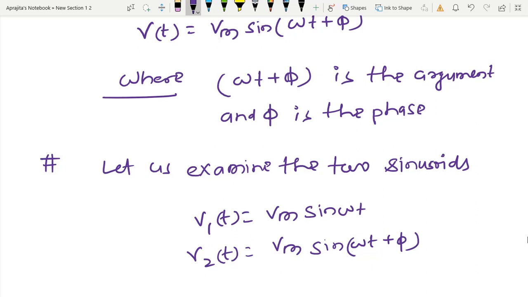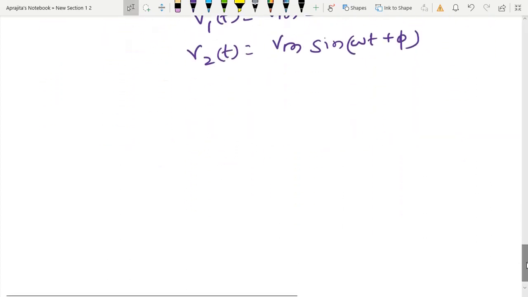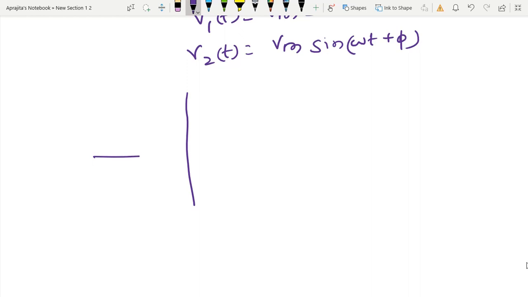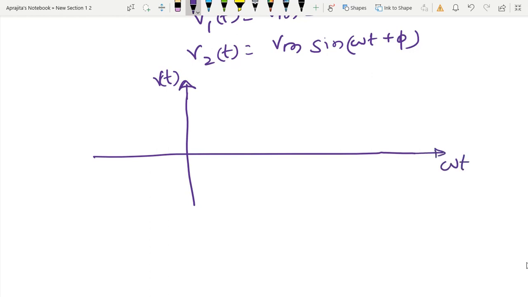In order to understand the relation between these two sinusoids, I am going to first plot them on a common graph, with the horizontal axis as omega t.